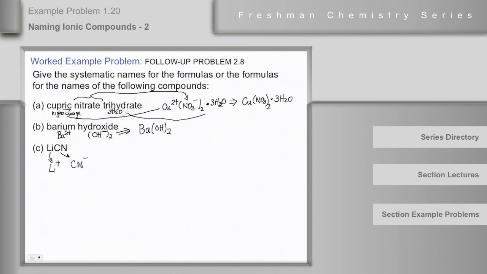So if you have learned the names of the polyatomic ions, you recognize this one as cyanide. So this compound has a name. Name the metal first, lithium, and then in this case the polyatomic anion, negative ion, cyanide: lithium cyanide.